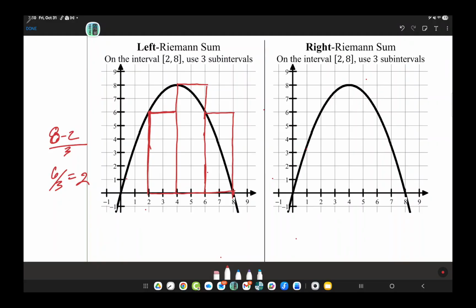The nice thing is we can easily see what the height of each of these is. Here we have 2 times 6, 2 times 8, and then 2 times 6 again. So it gives me 12 plus 16 plus 12, which is 40.